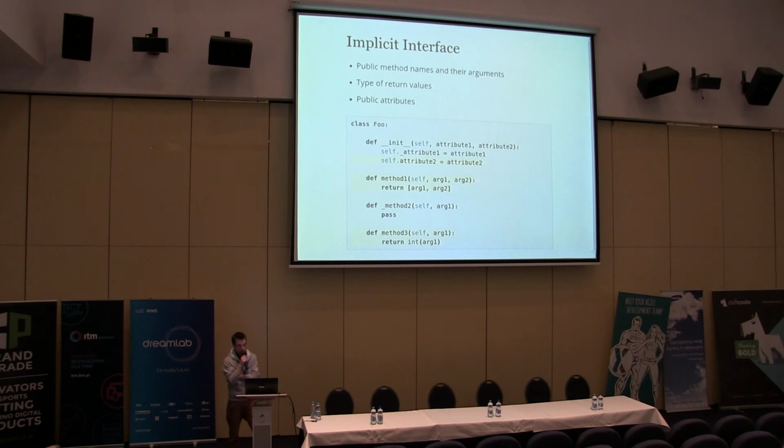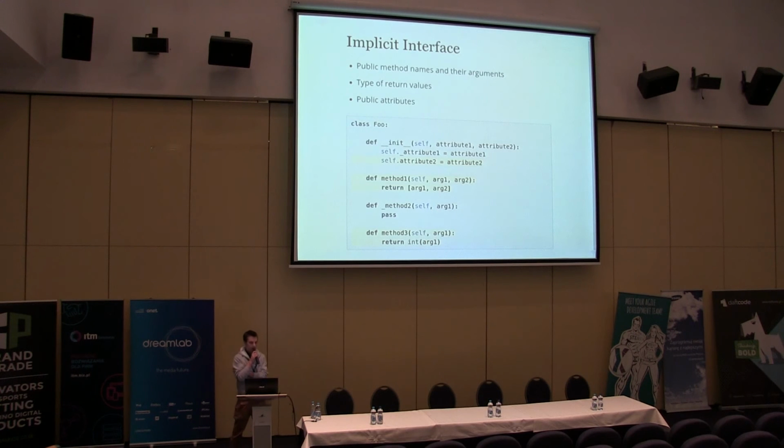Nobody should depend on it. Type of return values. So when calling method1, we should expect a list. When calling method3, we should expect an integer. And public attributes. From outside of this class, we can use the second attribute, but not the first one, because it's private.